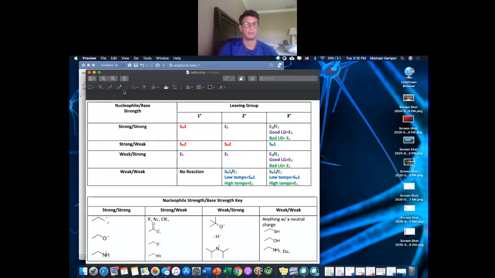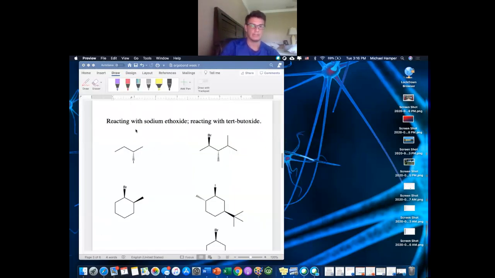It is a strong nucleophile and strong base. So secondary, strong, strong, so it's going to undergo an E2 mechanism. That's how you use this table. We'll undergo an E2. So it's all going to happen in one step, kind of like SN2. E2 is going to happen all in one step.